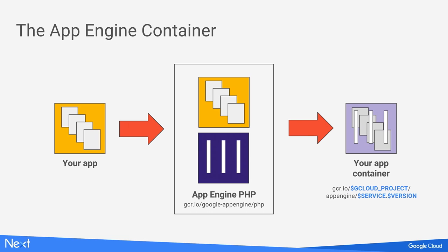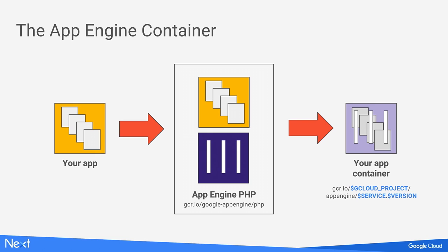So how does this work? When you use App Engine, it just copies over your application code, builds it on top of the base PHP image that we've built, and then it deploys the resulting container, right? And this container is built into Google Container Registry, gcr.io. If you're not familiar with that, it's really basic.